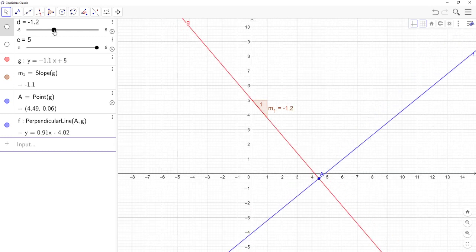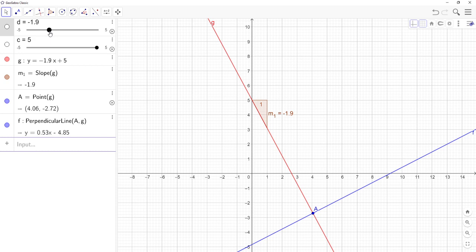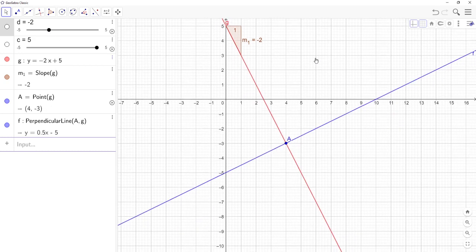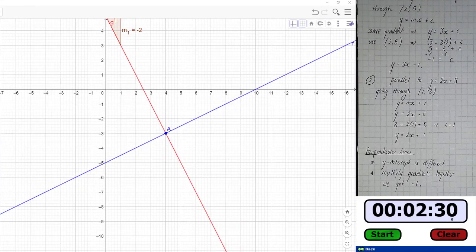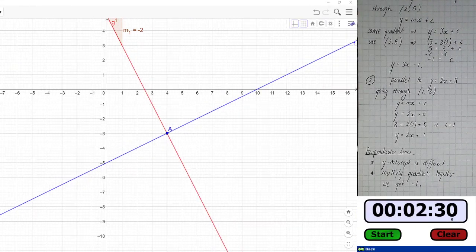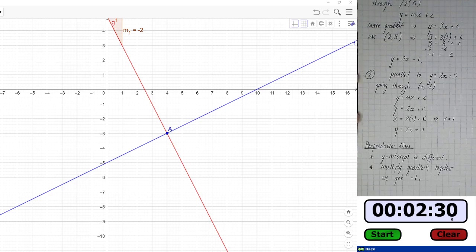We get the same thing no matter what lines we have, if the lines are perpendicular to one another. And there is another way that we can say that when we multiply their gradients together, we get -1, and it involves a key word that we've used before.